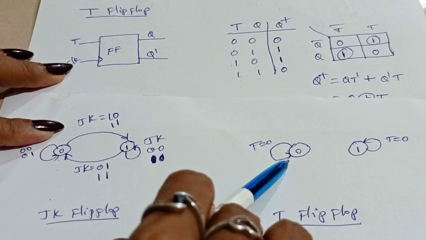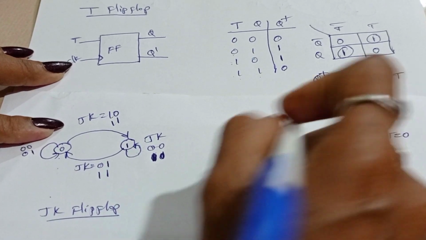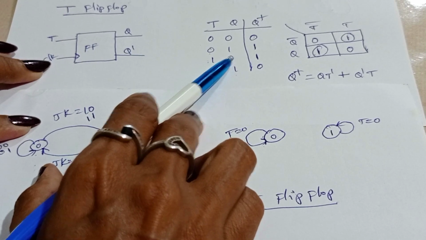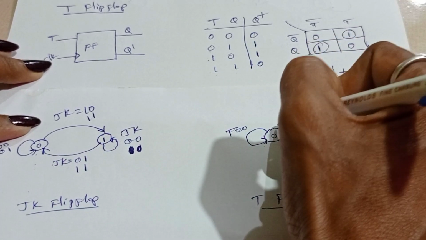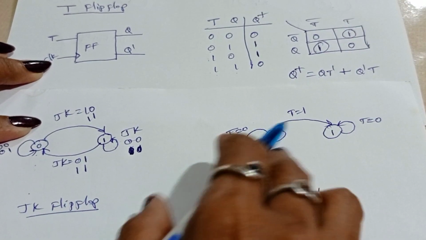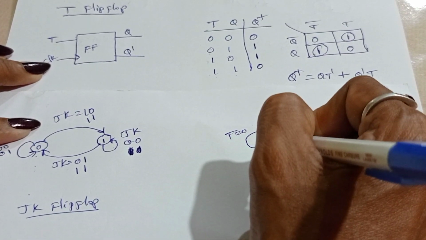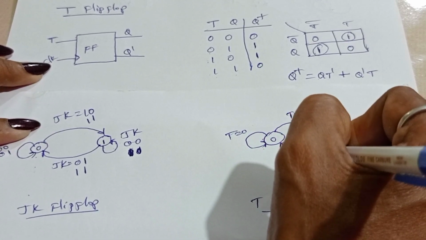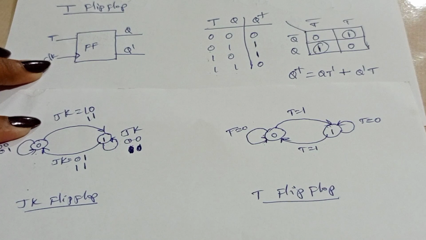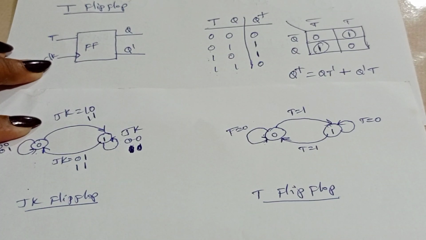It is not changing the state. When T is equal to 1, it is changing from 0 to 1 and 1 to 0. This is the finite state machine for T flip-flop.